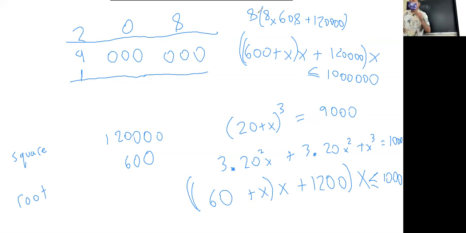Yeah. So what is it? It's 989,184. So then I subtract that from 1 million, and I'm going to get my remainder.